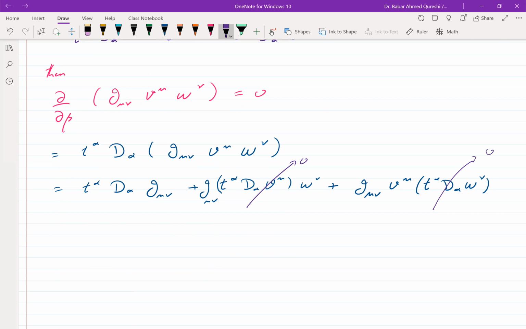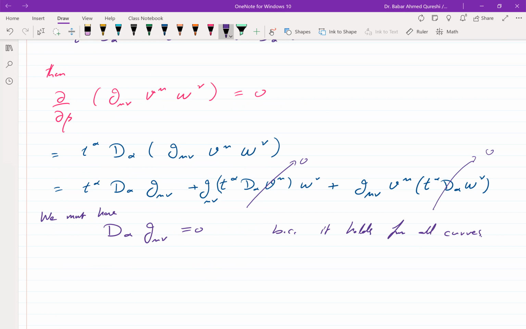So if this thing has to be 0, we must have the following, because it holds for all curves.